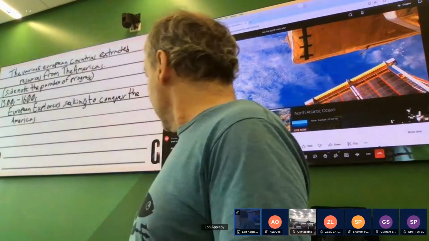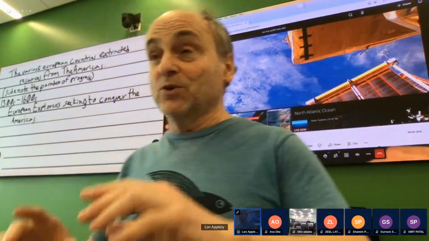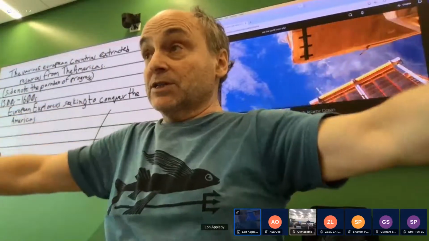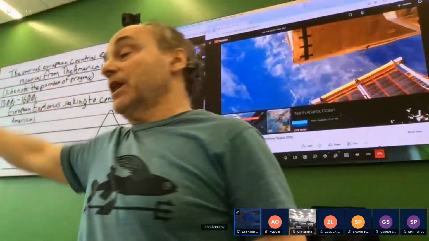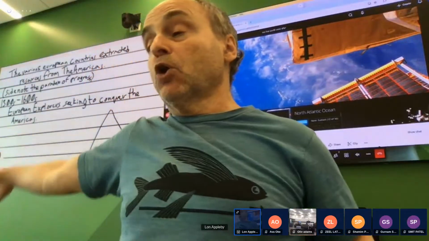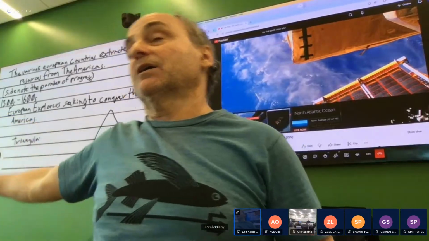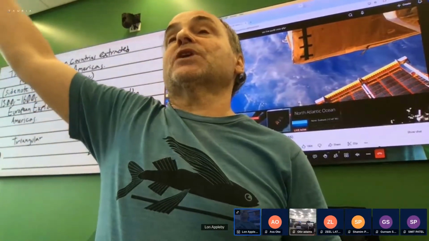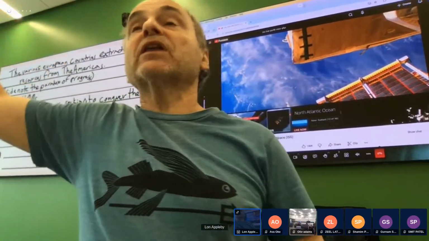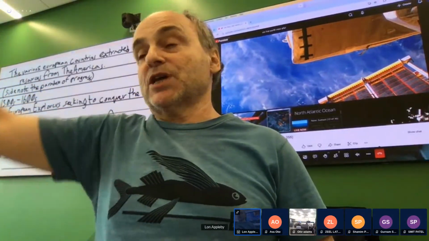Now, I'm going to sort of draw this for you because the transatlantic slave trade is a triangular thing. You could even draw a triangle if you want. So big triangle. It's called the triangular transatlantic slave trade. And at the lower right-hand side of the triangle would be Africa, the west coast of Africa, Sierra Leone, or the slave trading nations of Western Africa.